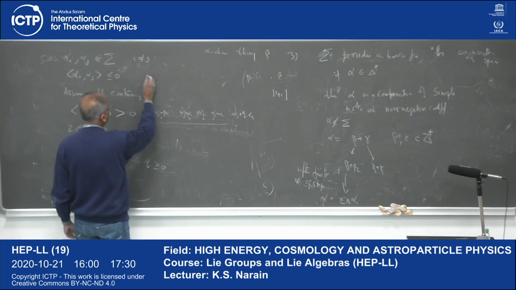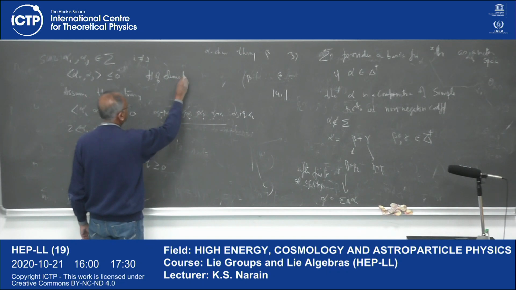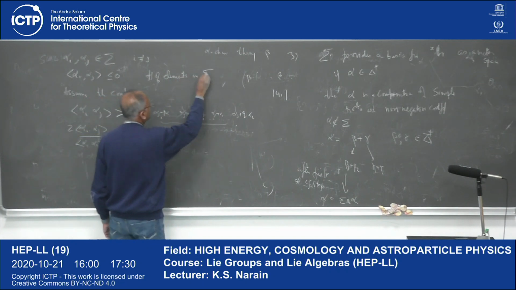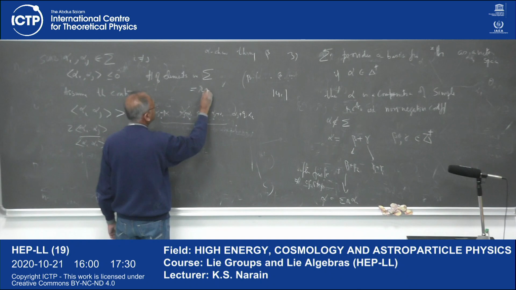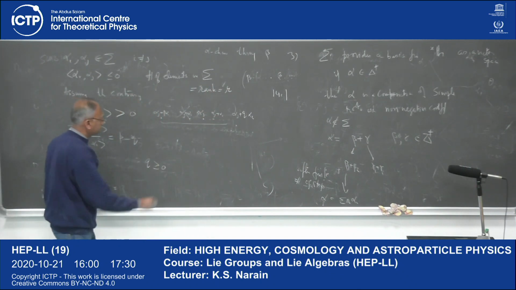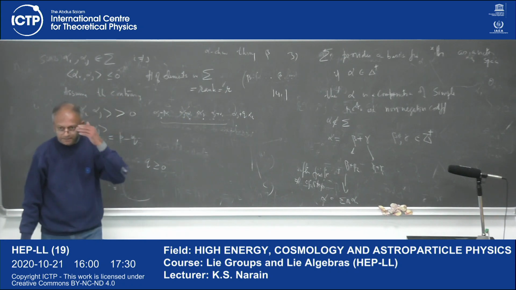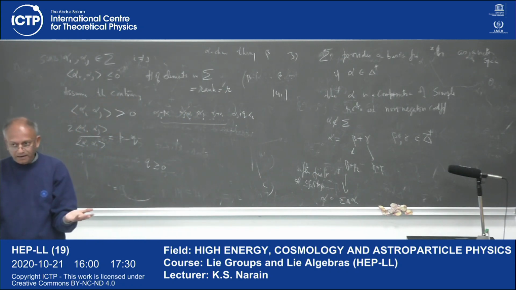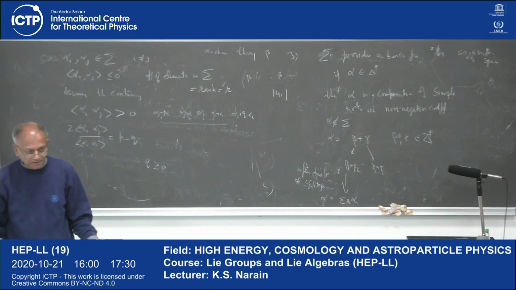So the number of elements in sigma is equal to the rank, which we are denoting by R. Since it's spanning an R-dimensional vector space and providing a basis, it must be R. That's the statement.